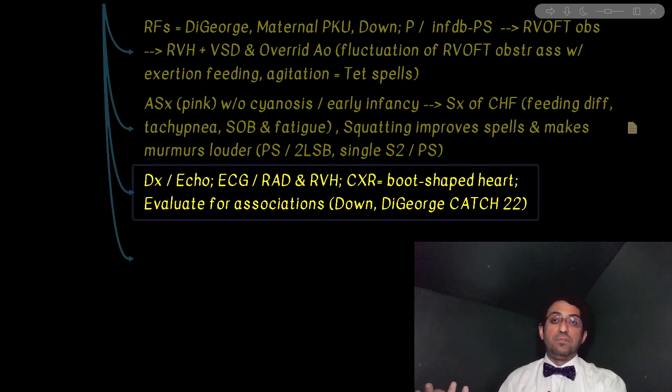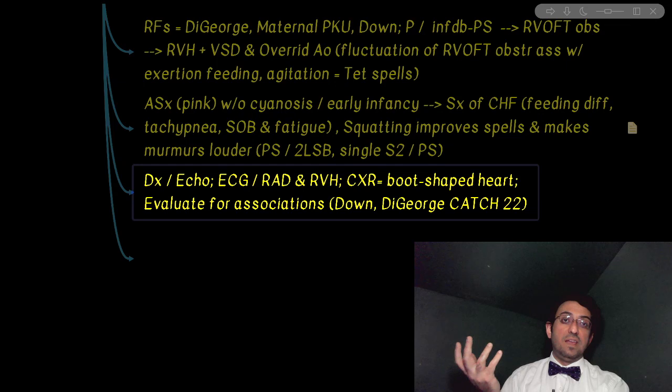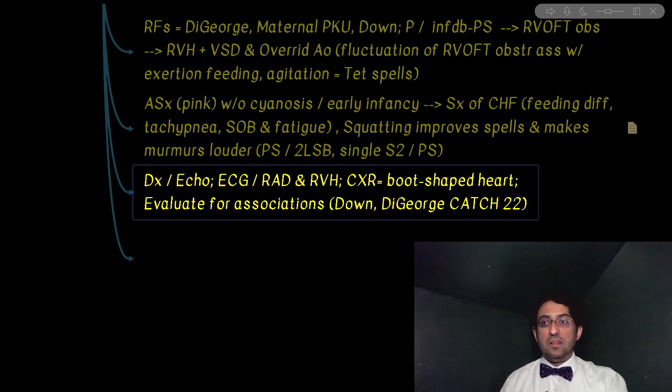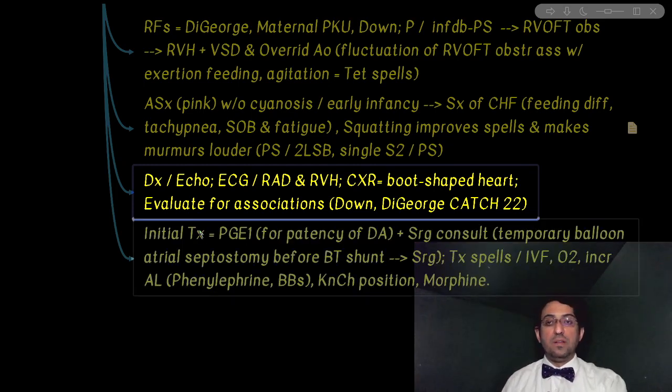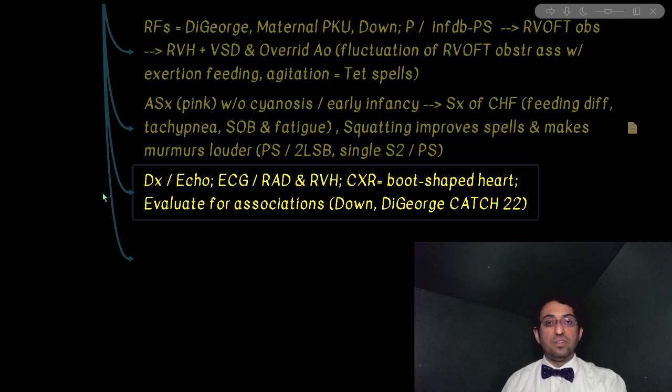Never forget that the earliest symptomatic manifestations of tetralogy in infancy or childhood are those of congestive heart failure. In addition to initial assessment with echo, ECG, chest X-ray, and catheterization, what other workups are needed?